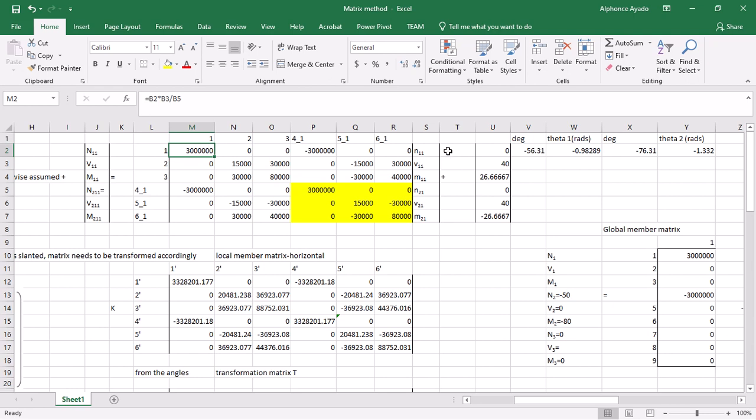So if you check here, symmetrical, and you know this is 0, this is 12 EI over L cubed, this is 6 EI over L squared, 0, negatives. The negative of this one and this are the same, and so 0, 6 EI over L squared, 4 EI over L, 0, this is the negative of that, and this is half of that.